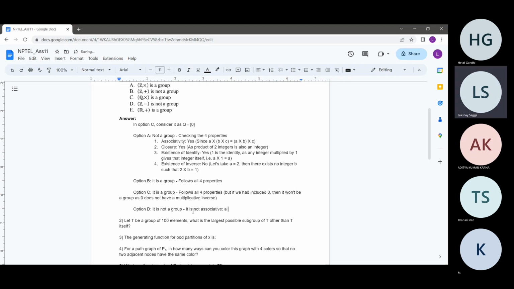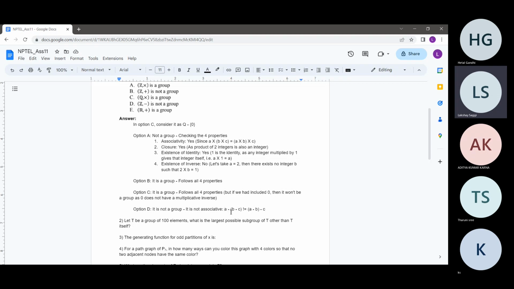Why is this the case? Because, like, let's say we take three integers a, b, and c, then a minus (b minus c) is not equal to, this is a symbol for not equal to, (a minus b) minus c. So note that subtraction is not associative, and why is this?